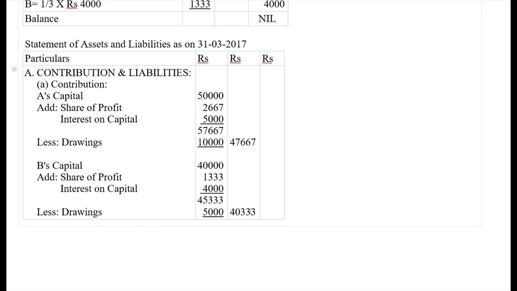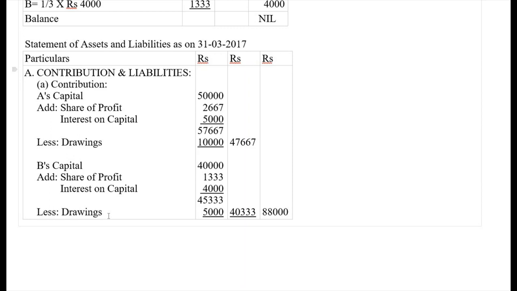So let me underline this. So the sum of the capital balances we should take here, that comes to 88,000.